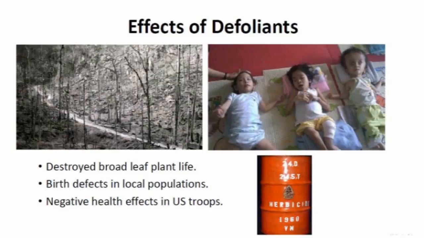It had birth defects that were absolutely horrible. If you want, you can look them up on the internet yourself. They're distressing, that our country would impose upon an enemy this type of horrid experience. The negative effects, and that's an example of a drum of Agent Orange, because the drums were painted orange, are disastrous.